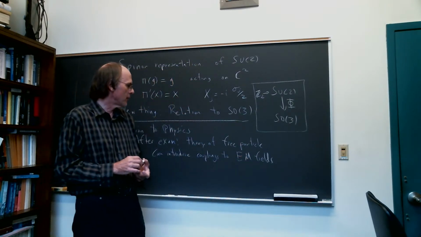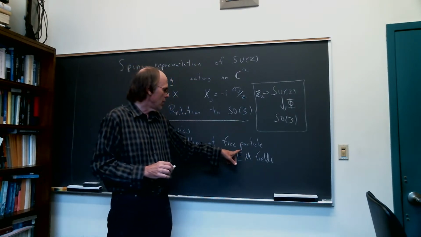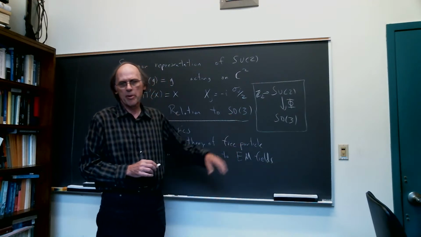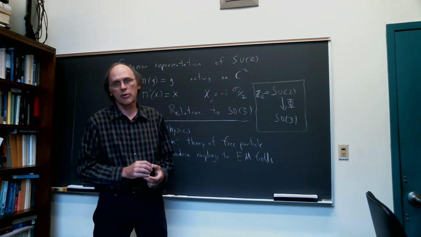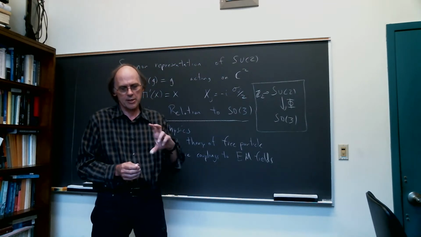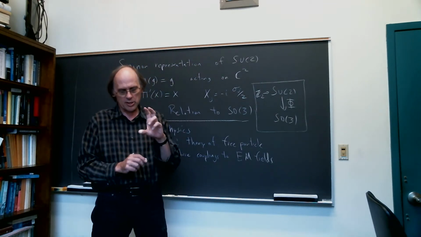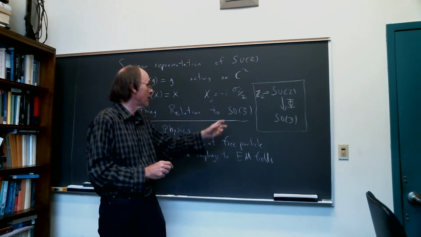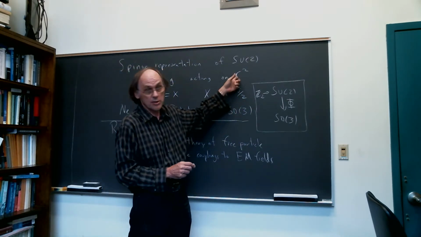But the actual elementary particles that we know about, like the electron, are described by wave functions where the value at each point is given by one of these C2.